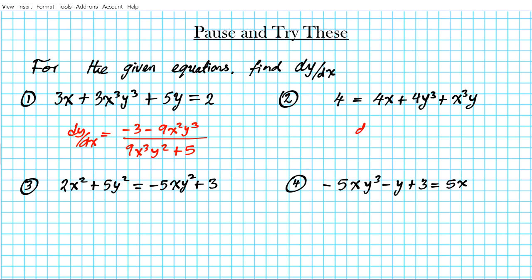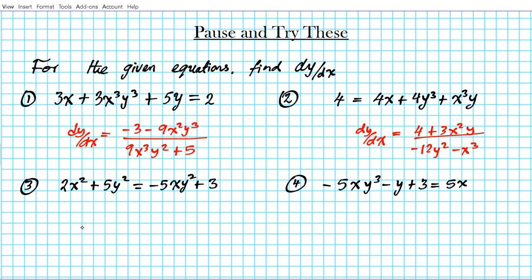Number 2, the derivative is 4 plus 3x squared y divided by negative 12y squared minus x to the third.